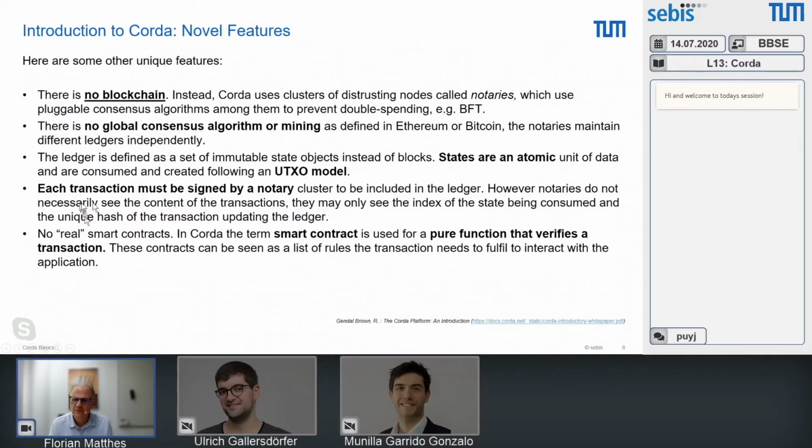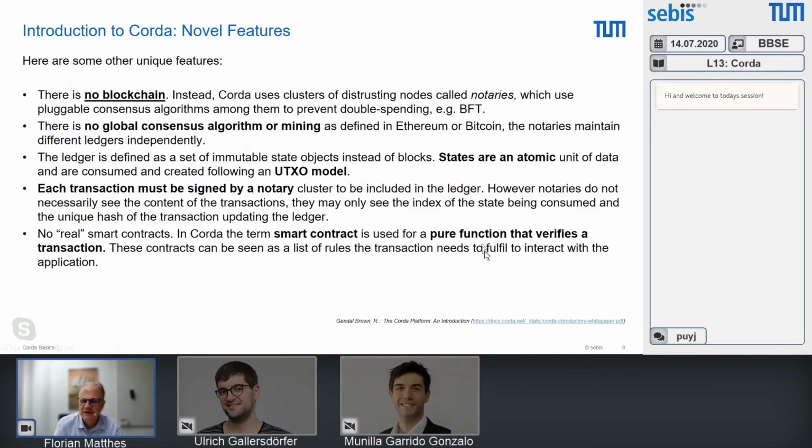And so therefore the validation of a state transition: you have not a global contract, but you have a lot of functions which are then applied by the parties to validate that the state transitions being executed conform to their requirements, their expectations. And so therefore you have a separation of states and contracts, and these contracts are functions which validate the states and the state transitions, that they are valid from the perspective of the contributing parties.